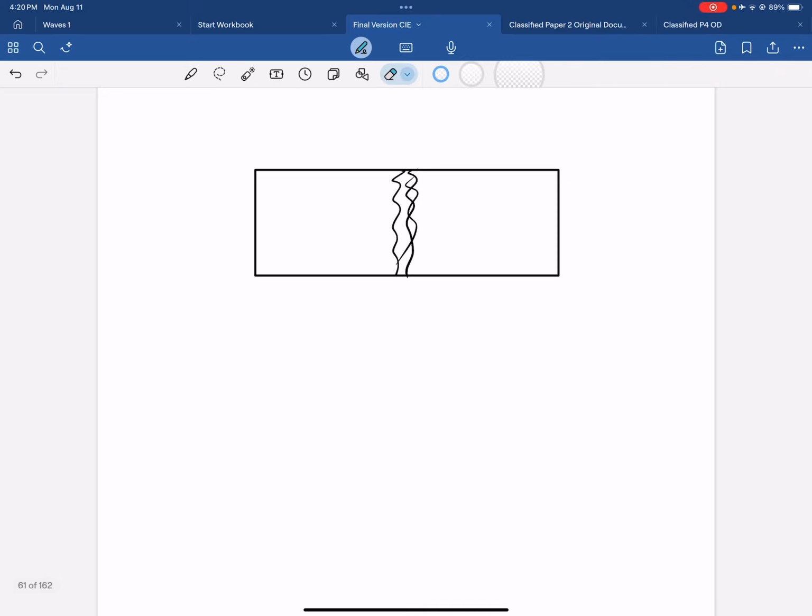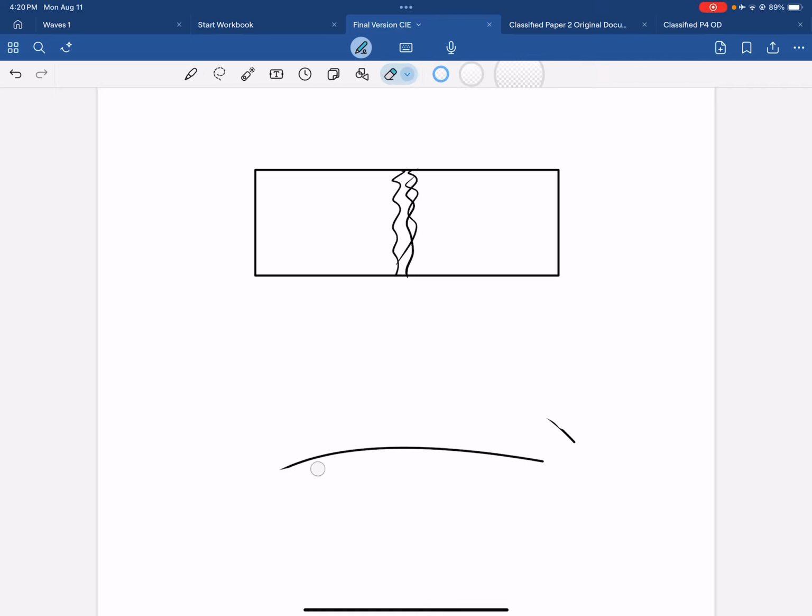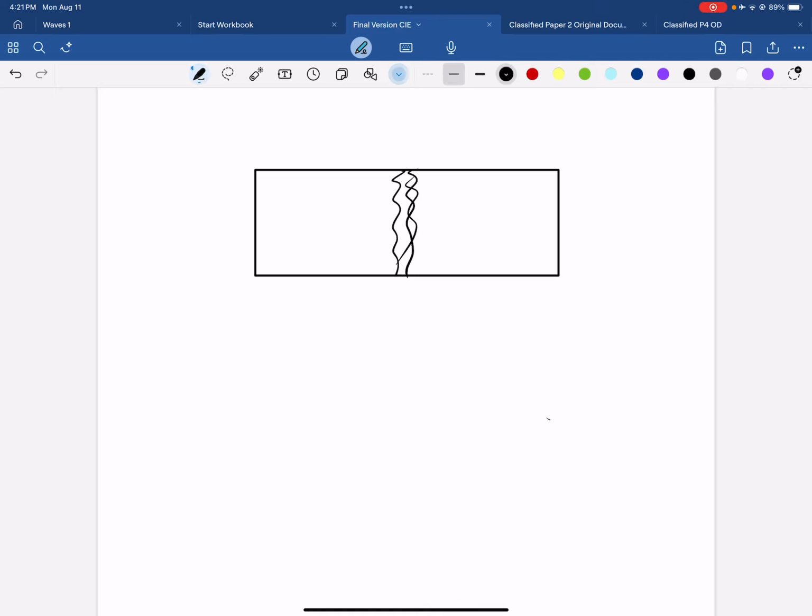Next thing you know, you come to the road and the road looks like this. The road basically bends upwards. Wait, let me draw that again. Doesn't look good. But you can see the road can buckle like that.